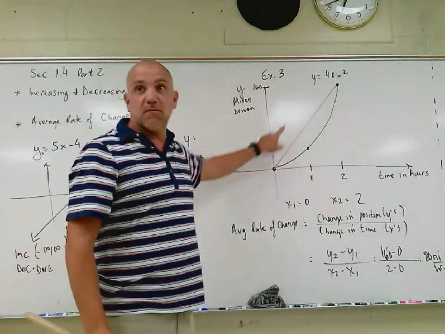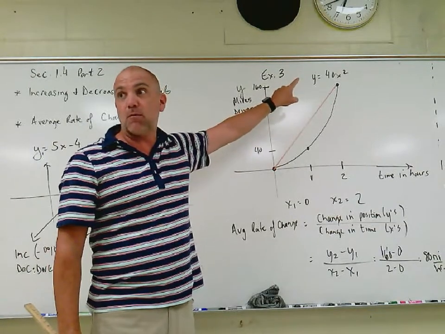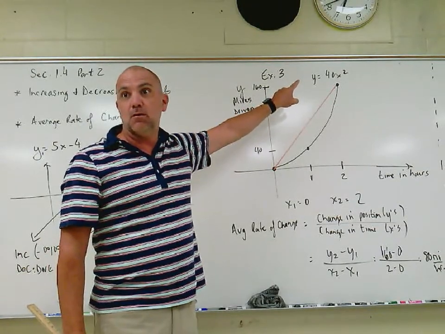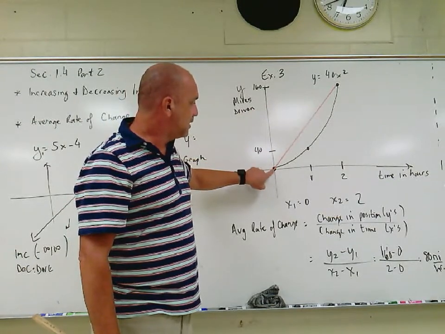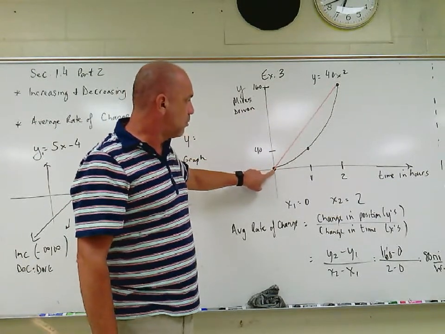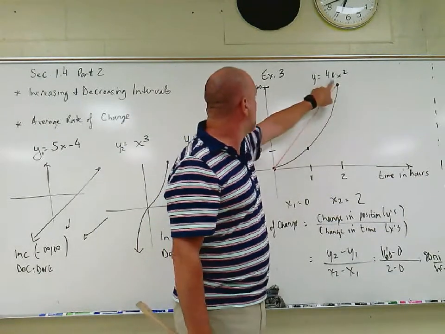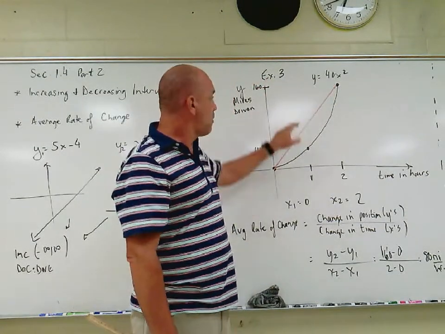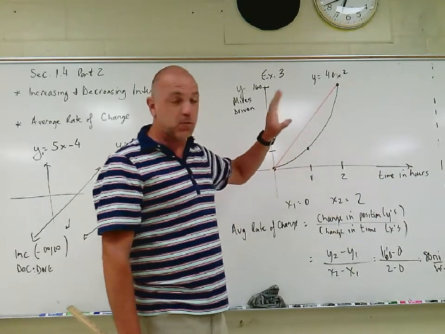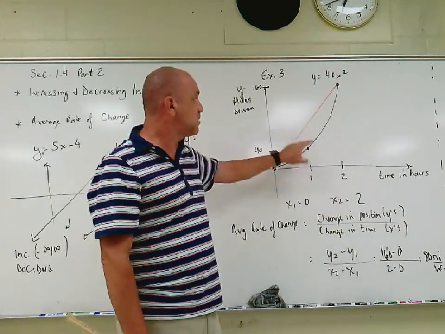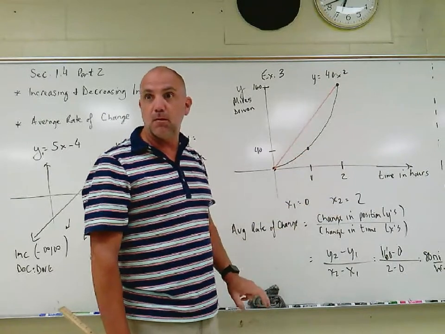If that orange was the path of the car, what would that tell you about the car? So my first question is this: at time 0, it's gone nowhere. After 2 hours, it's gone 160 miles. So whether I go along the orange path or the black path, is the average speed for both of these the same?